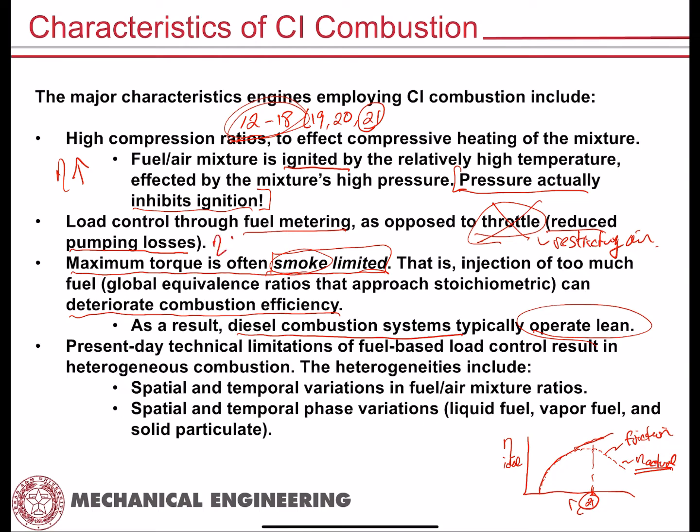So that has a tendency to raise efficiency. And I operate the engine lean. And as we learned this semester, when I operate the engine lean, that has a tendency to raise my efficiency. So 1, 2, 3 fundamental inherent features of compression ignition engines raise efficiency, right?